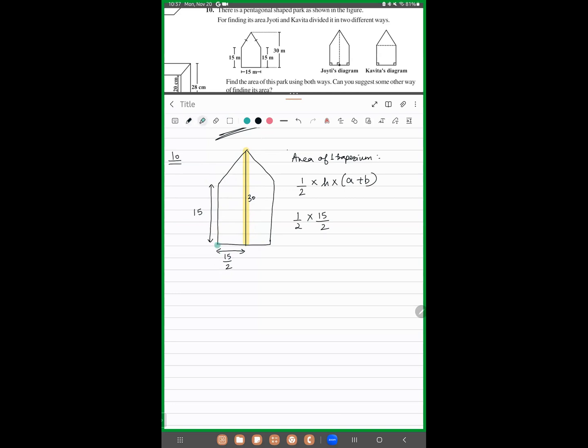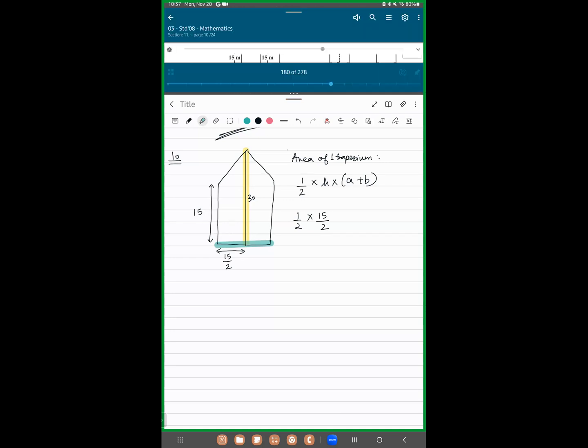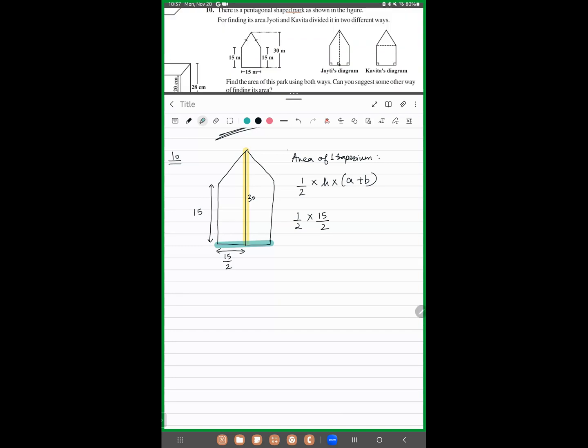From here to here, it is 15. The entire base of the pentagon, look at the diagram on the very left, is 15. So half of it, because we are dividing the entire pentagon into two equal halves. So this one is going to be 15 by 2.